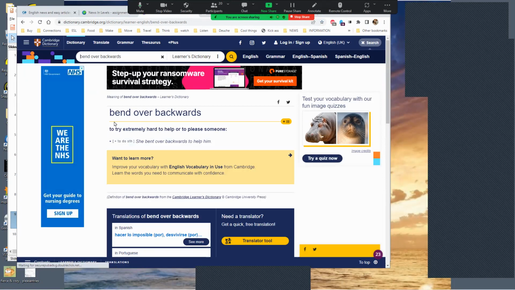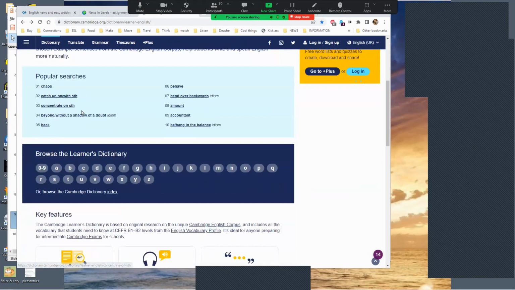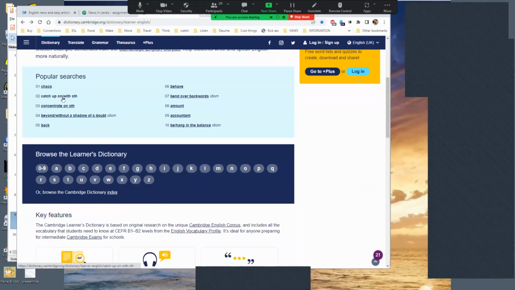So we now know that bend over backwards means to try extremely hard to help or please someone. Once again, catch up on, that's another phrasal verb. So very important to be able to look those up.